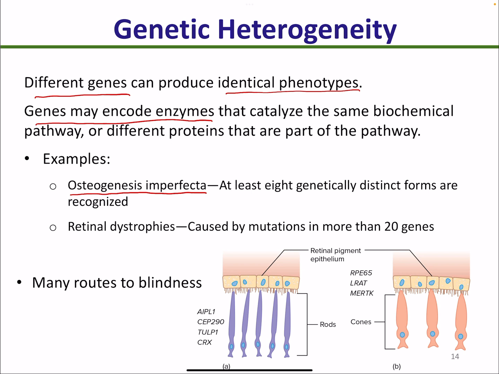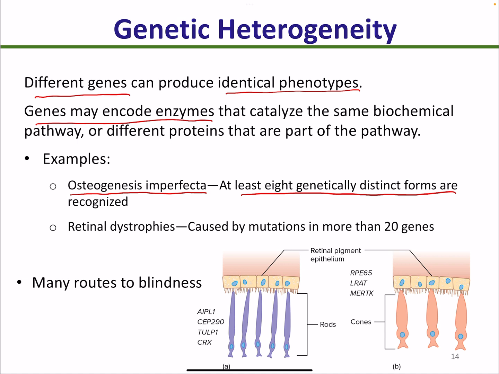Which is when your bones are brittle and break easily, right? At least 8 genetically distinct forms of osteogenesis imperfecta are recognized in the population.